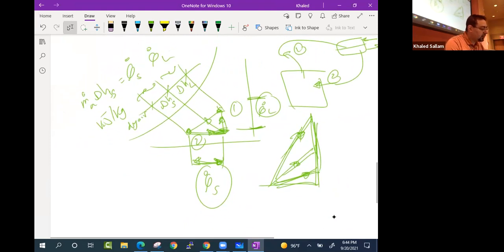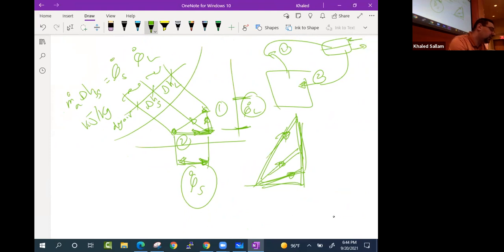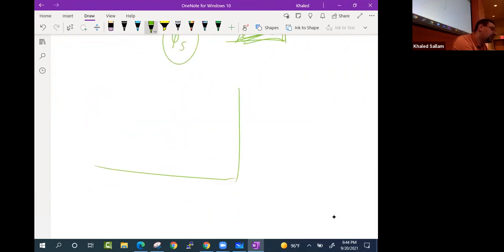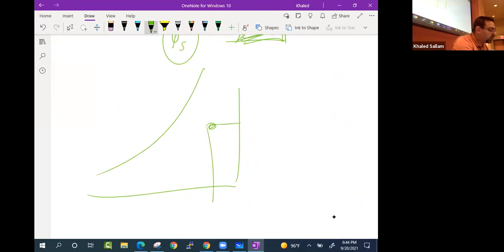So we can figure out, if we have the target condition that we would like to keep the people at, and you know the ratio of Q dot L over Q dot S, you can draw a line and say, you know what?